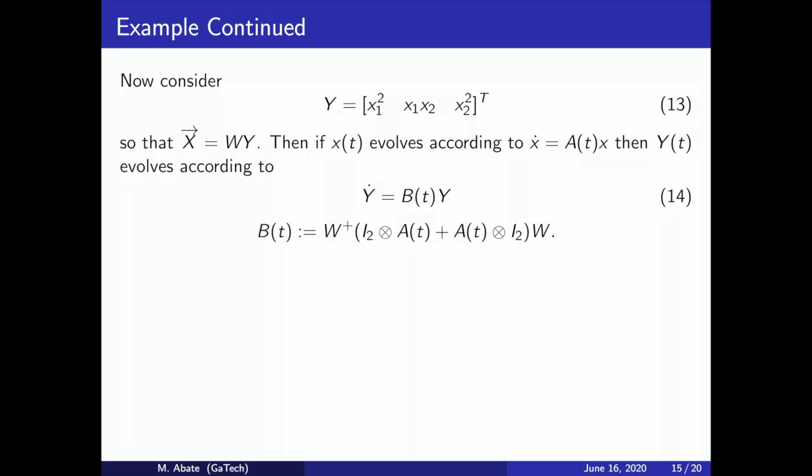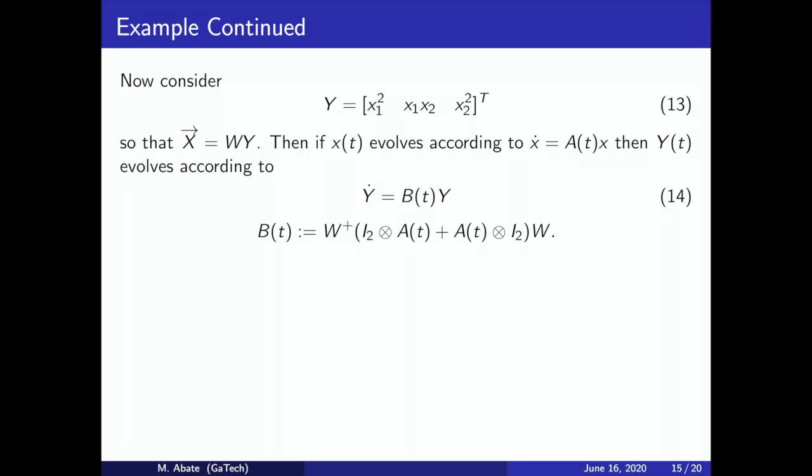We next consider a vector y, which contains the monomials of x of order 2, now with no redundancy. As we show in equation 14, this vector also evolves in a linear switched manner, where the switched linear modes can equally be constructed from the A matrix of the initial switched linear system.